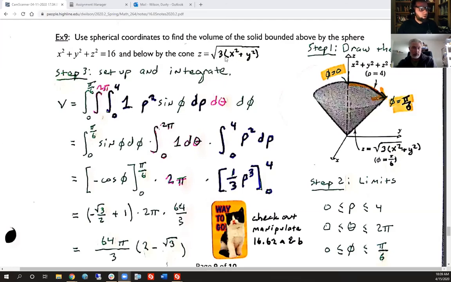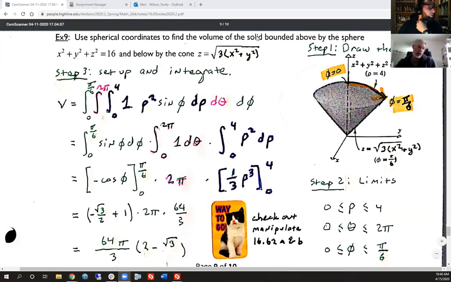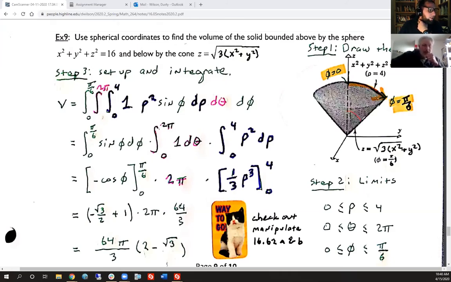One thing that you could notice about this is, let's see, how do I make this argument for you? I'm trying to argue that this angle here is pi over 6. One way of seeing that might be to create the triangle if we just looked at one plane.